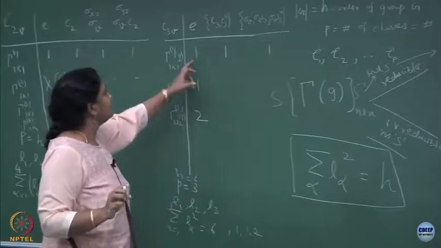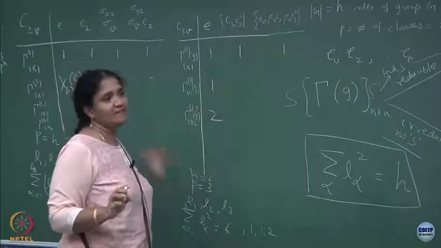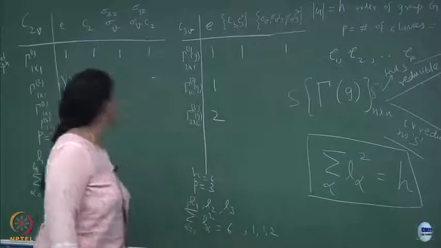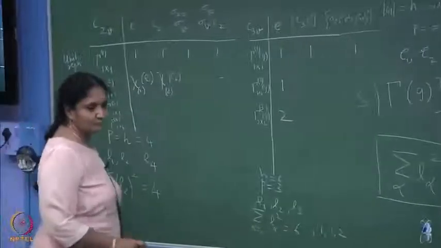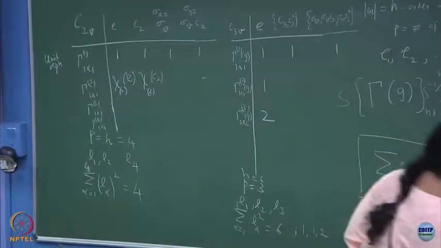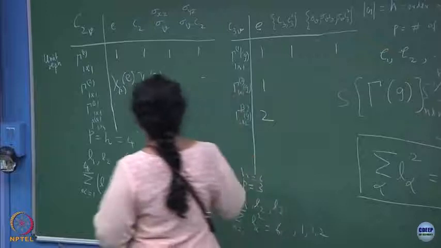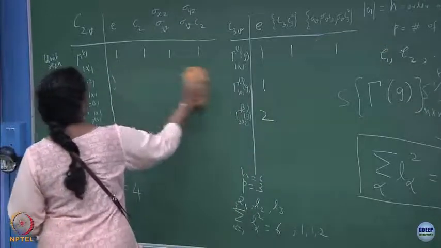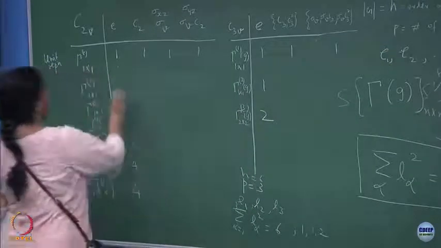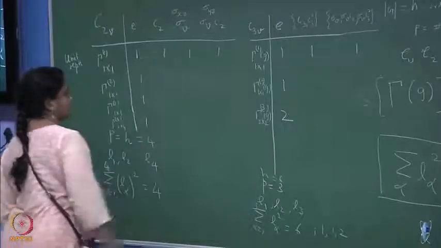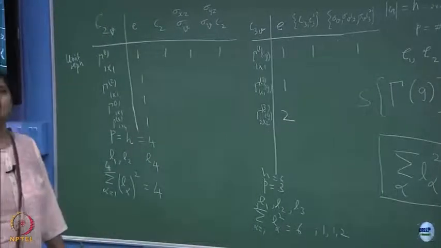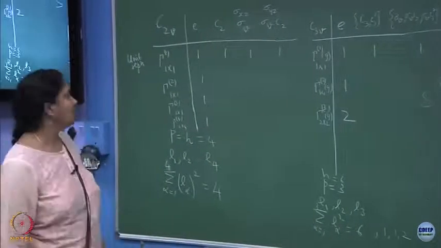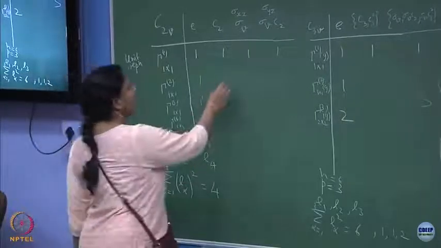So, this is actually L1 is 1, L2 is 1, L3 is 2. So, similarly here you will have this part as 1 1 1, no change. Okay. Now, I can play around with this.